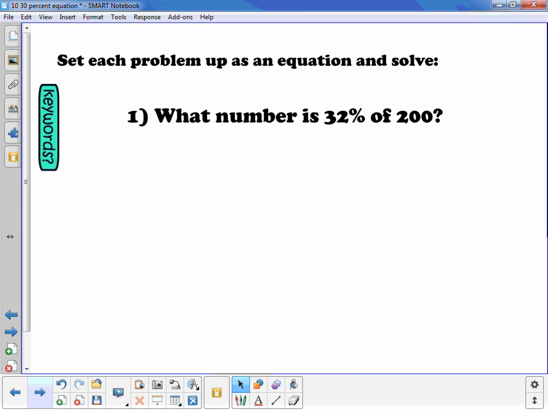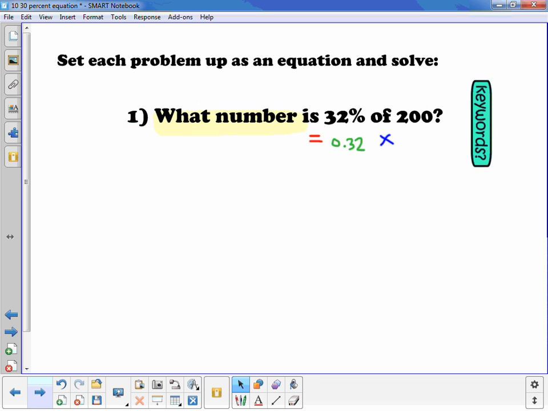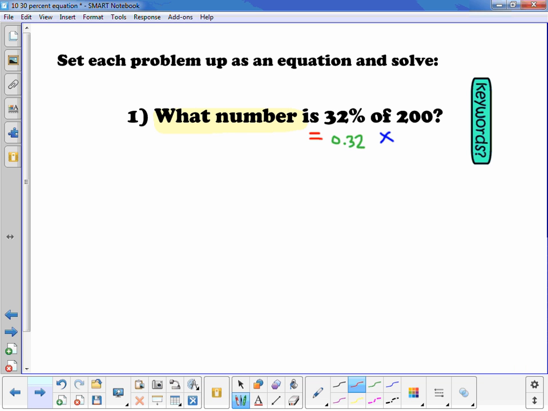Okay, here's the first example. What number is 32% of 200? So the first thing you want to do is identify your keywords. What number, we don't know what number, so we could use x there. Is means equals. 32%, you need to change to a decimal. Of means multiply, which don't use the x, use a dot. Multiply it by 200. So x equals 32% as a decimal times 200.